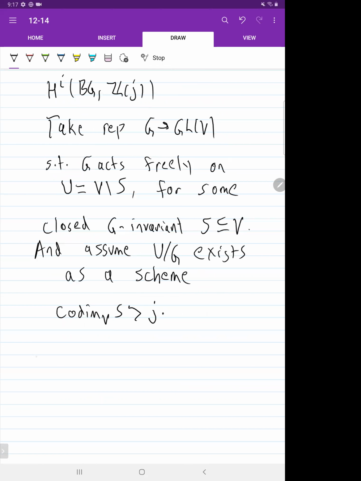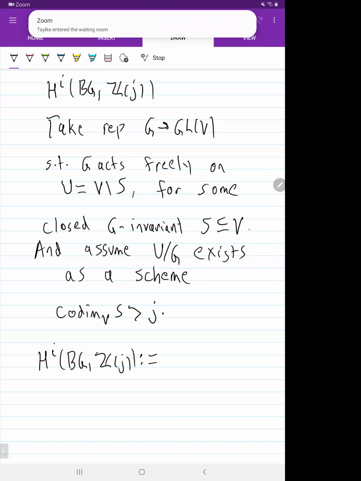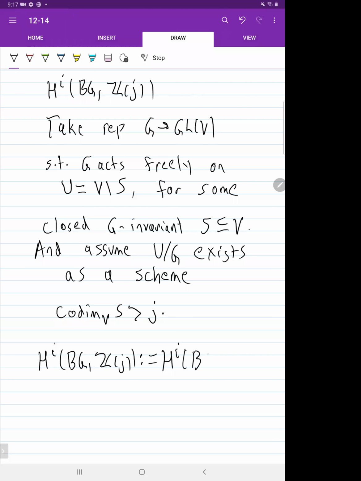So then we define motivic cohomology of BG with weight j to just be the motivic cohomology of these quotients. And this is a well-defined construction.